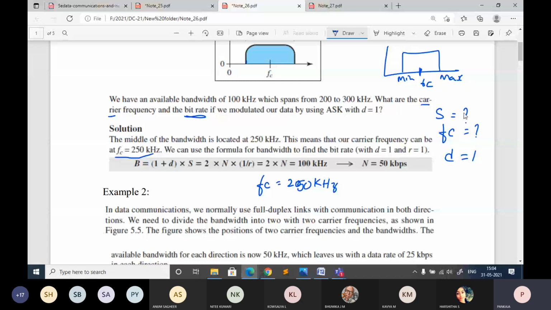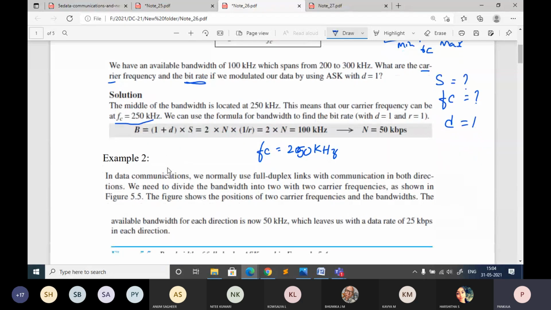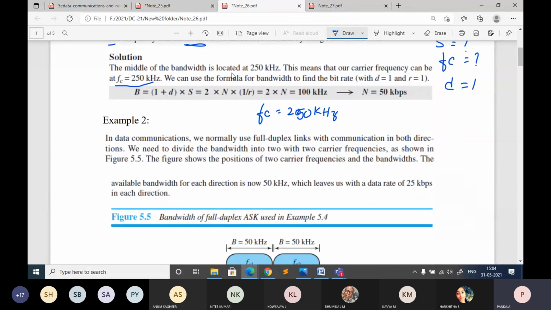So next we need to calculate what is S. Just write the formula. B is equal to 1 plus d into S. Here you need to calculate what is S. So you just substitute the values accordingly. 1 plus d is 1, you will get 2.